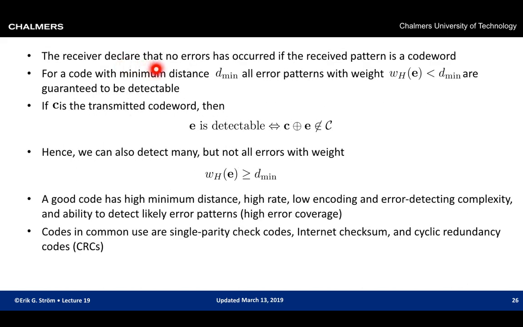And then a receiver declares that no errors have occurred if the received pattern is a code word. That's how we do error detection. So this is an important principle.